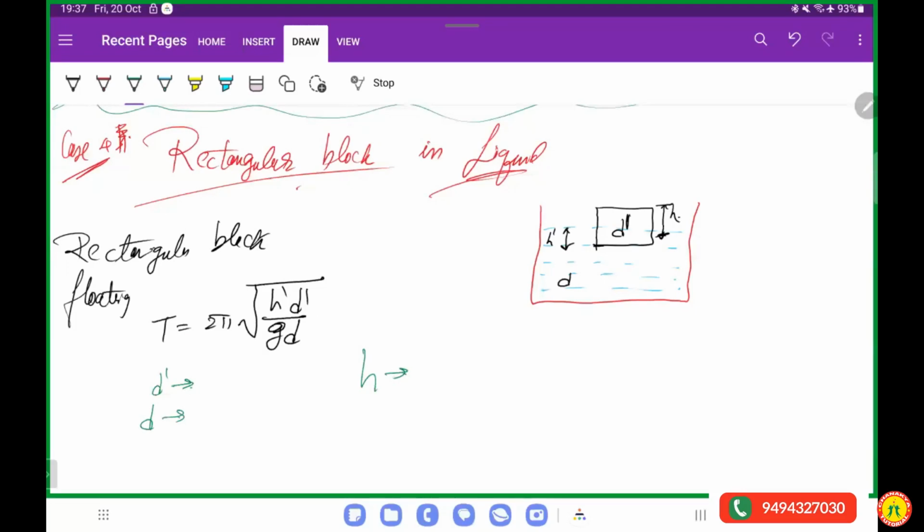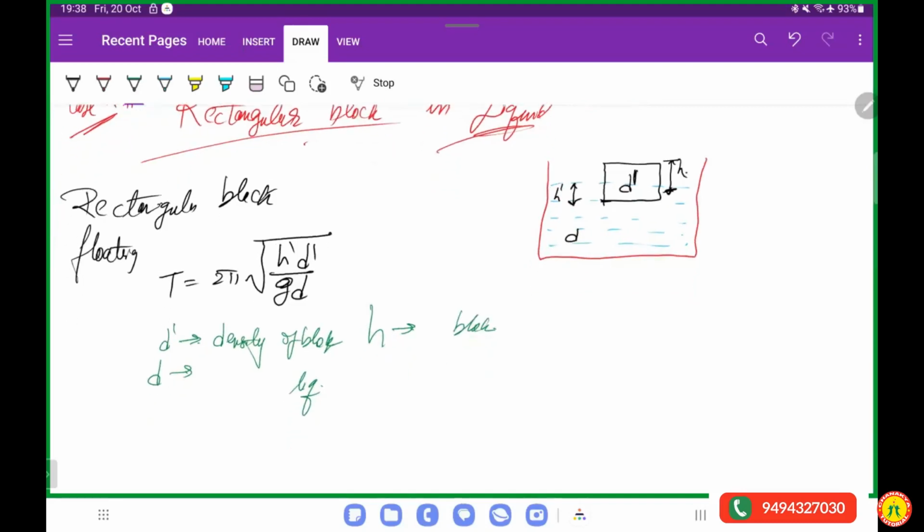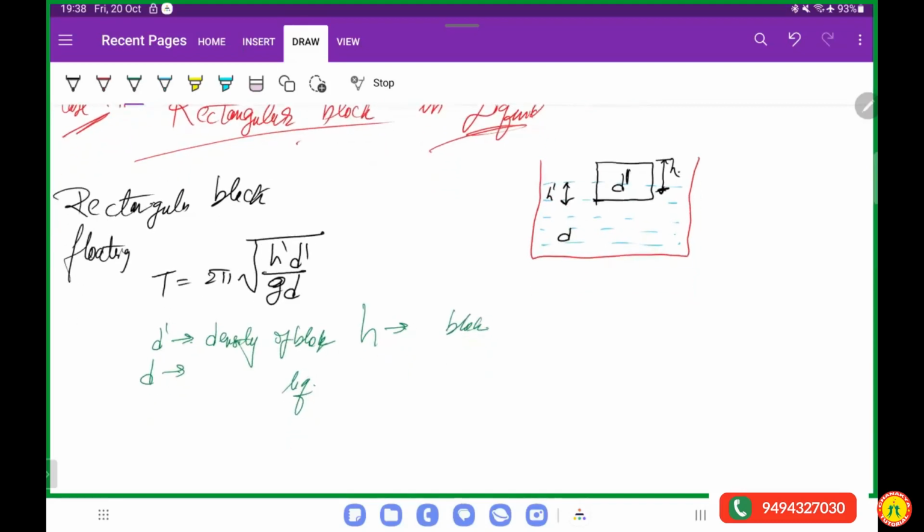So d dash is the density of block. Then d is your liquid density. h is the height of block. And same way, h dash is the height of block displaced inside the liquid.